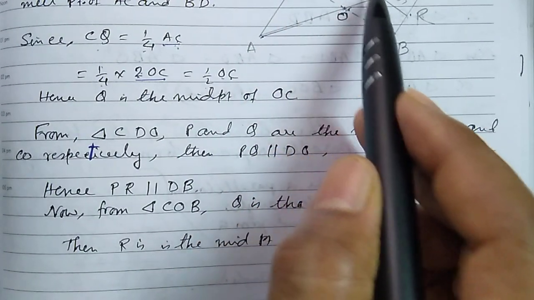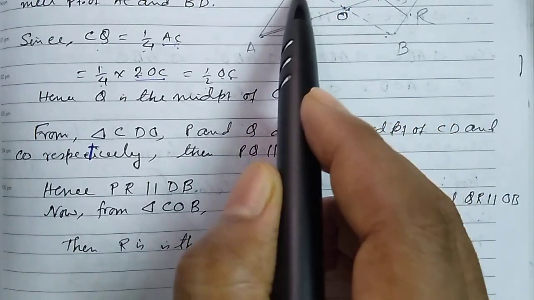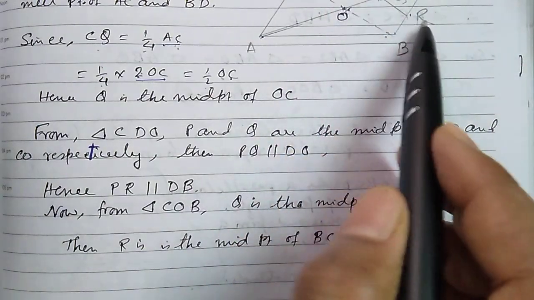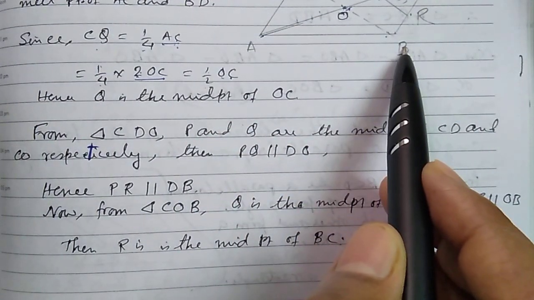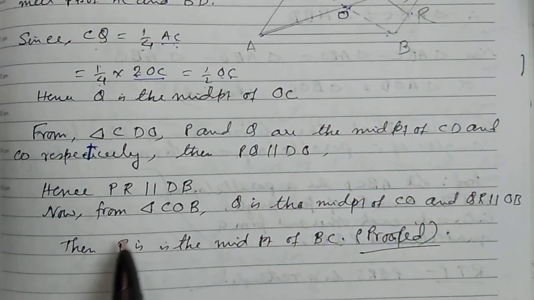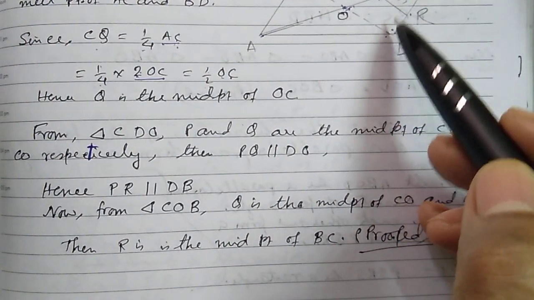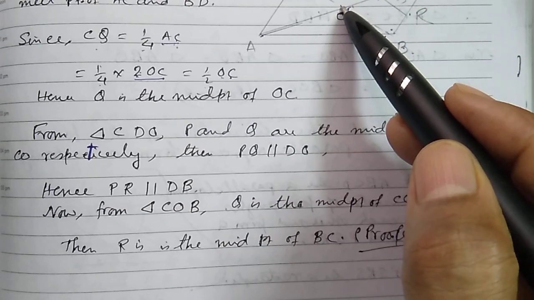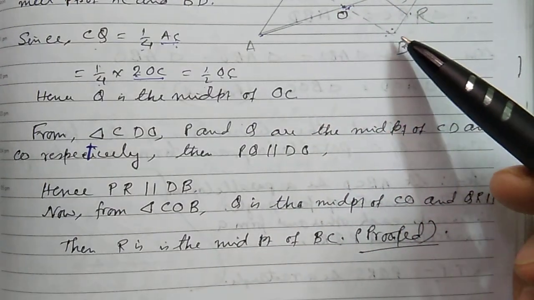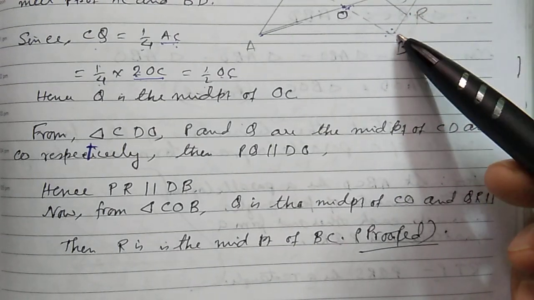That is, P and Q are the midpoints of CD and CO, so PQ is parallel to DO. Hence PR is parallel to BD. Now from triangle COB, Q is the midpoint of CO and QR is parallel to OB. Hence R is the midpoint of BC.